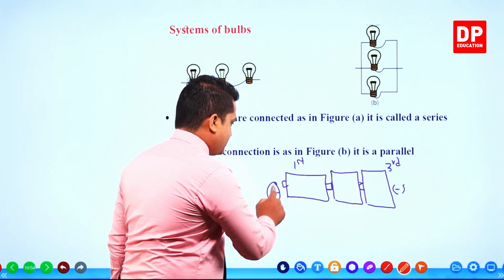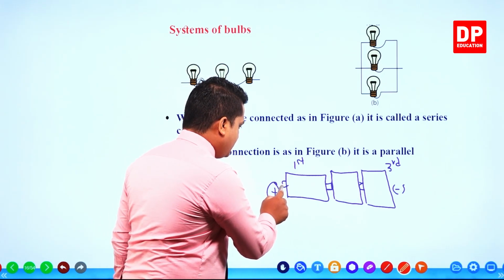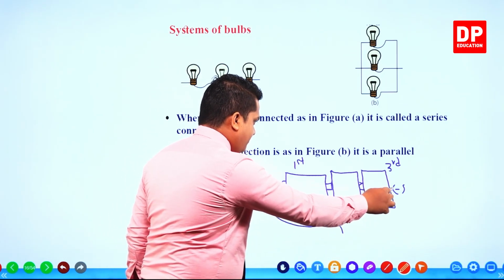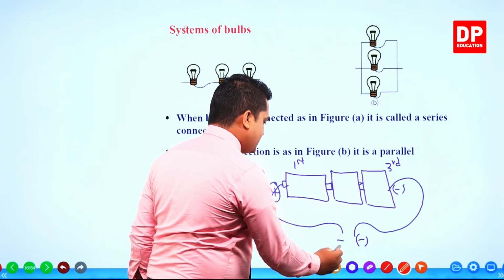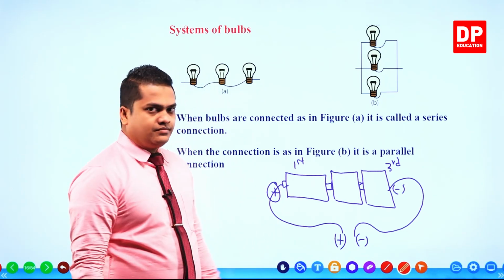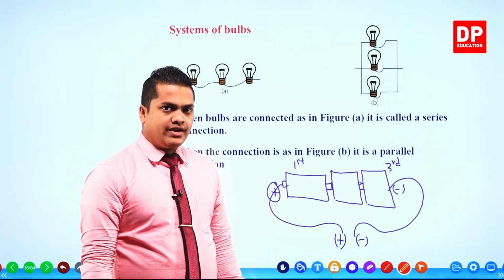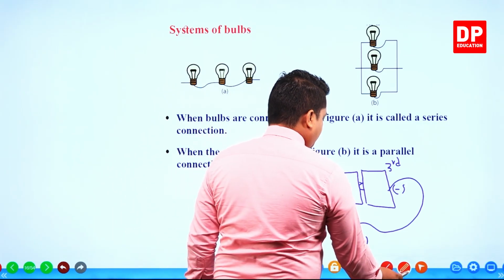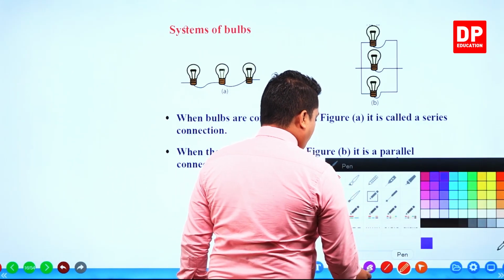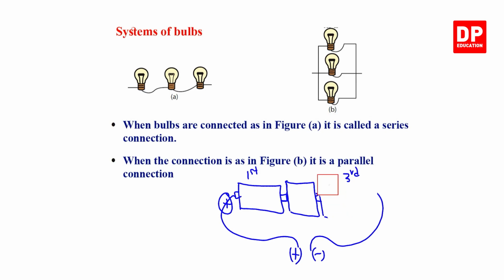So the first cell's positive terminal should come with the third cell's negative terminal, not the positive. If you connect it in the opposite direction, what will happen? The same thing has happened in this figure as well.